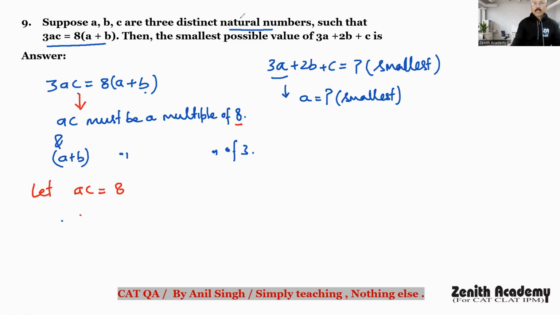A into C, both are natural numbers. So the factors of 8 are 1 into 8 or 2 into 4. Either this or this. These are the two possible factorizations of 8 in natural numbers.